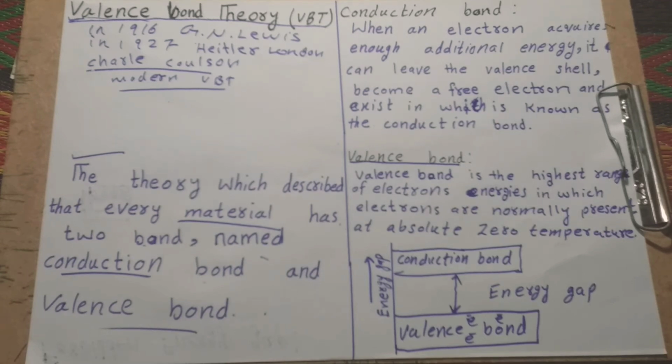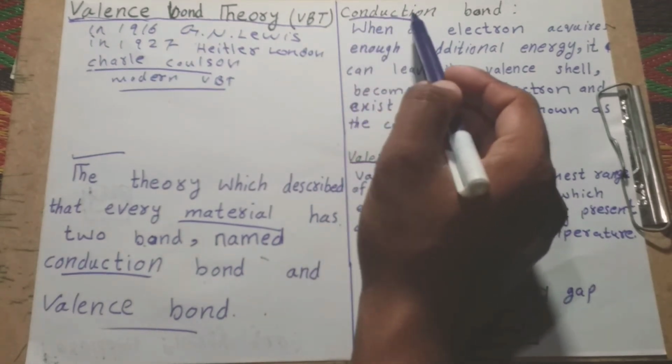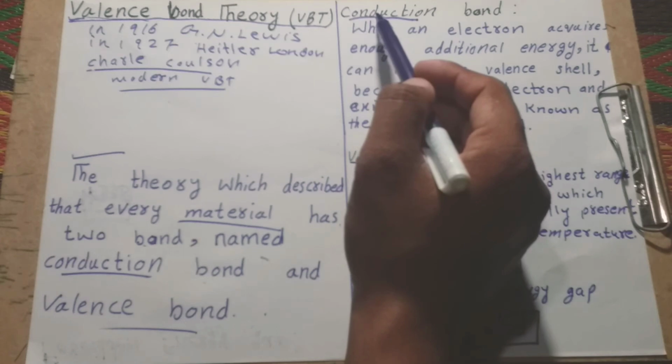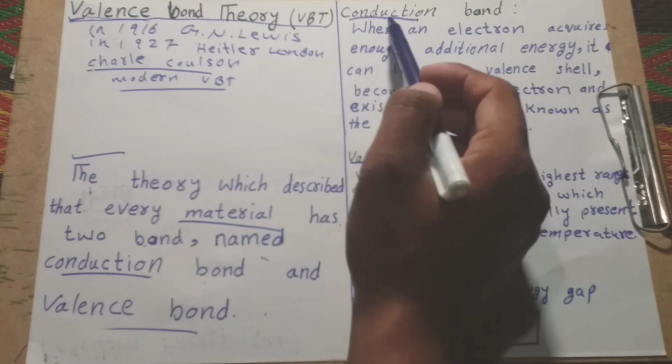What is the conduction band? Understand the word conduction. It comes from the word conduct, the process by which heat or electricity is directly transmitted through the materials.